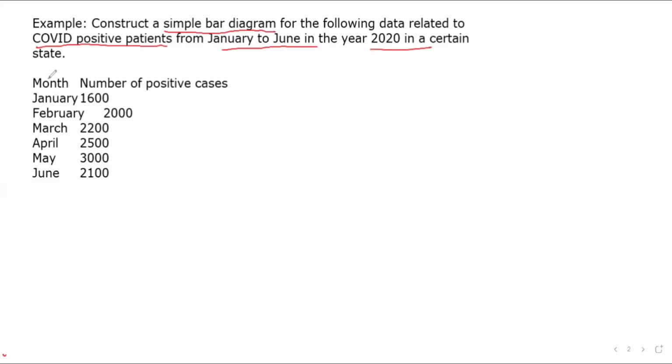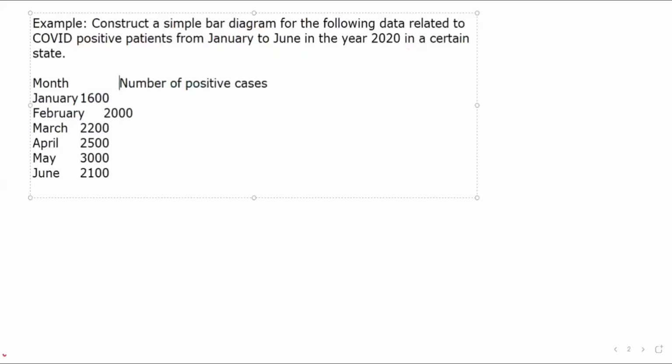Month-wise data is given. The data set is related to COVID positive cases found in a certain region, place, country, or state. It may be anything.